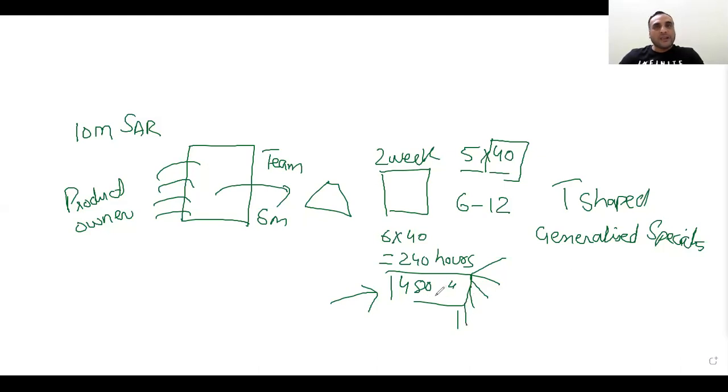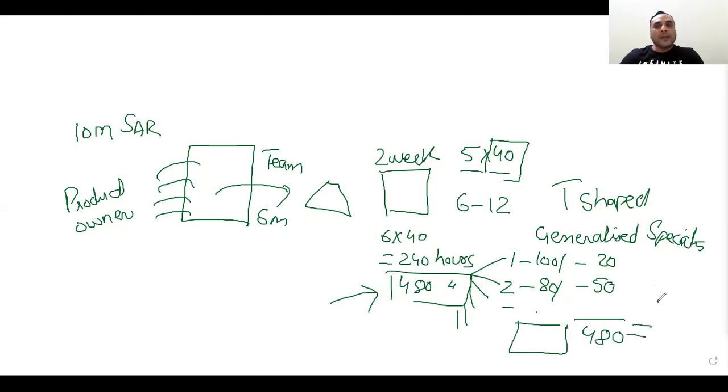So within 480 hours, resource one, who is very experienced, has a pay rate of 100 real per hour and will work 20 hours in 2 weeks. Resource 2 is less experienced, so 80 real per hour, and will perform 50 hours. Then we make it 480 hours and calculate the total cost. So we have the fixed cost and fixed time of iteration. Yes or no?